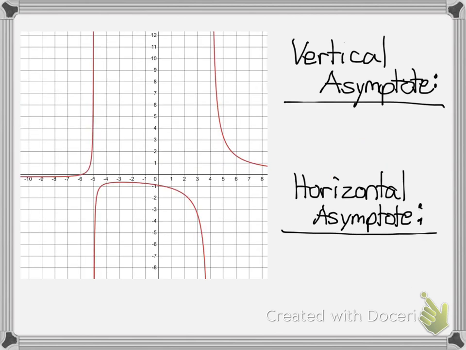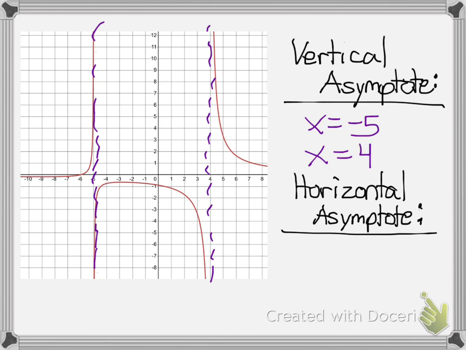Let's do another example. My vertical asymptote, as you can see, I'm going to have 2 of them. I'm going to have one right here at -5. And I'm going to have another one at 4. Horizontally, as you can see, it gets close but never crosses through right here.